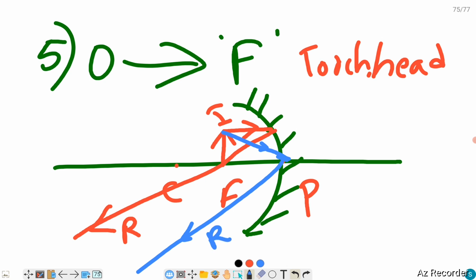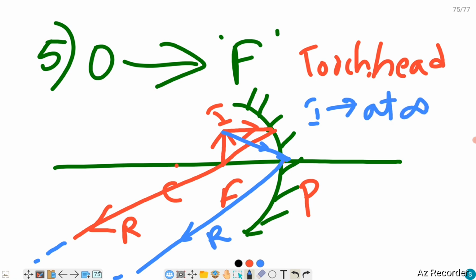Understood? Two reflected rays are moving parallelly if you observe. That means if you extend them, somewhere they meet. That's why we take the image as formed at infinity.